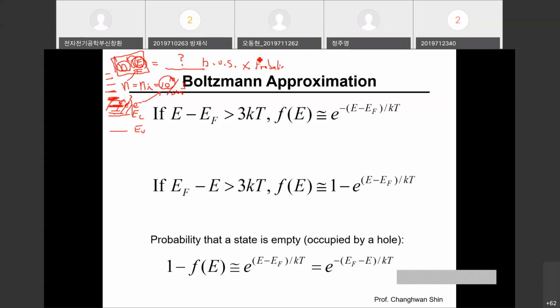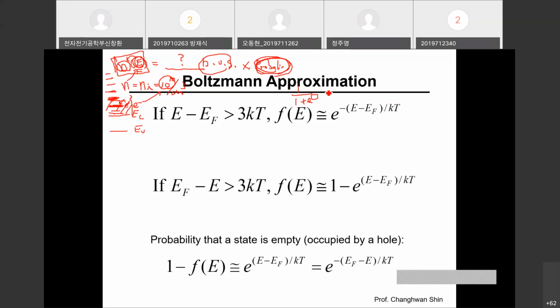So for that purpose, we have learned the density of state, and now we have just learned the Fermi function indicating the probability of finding an electron. And since this probability of finding an electron, that equation is quite complicated as a 1 over 1 plus exponential, blah, blah, blah. That format is kind of a disaster to do some integration, to do the derivative stuff.